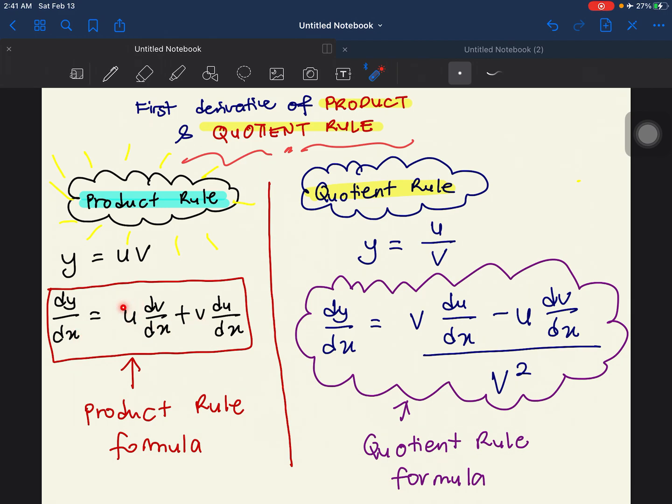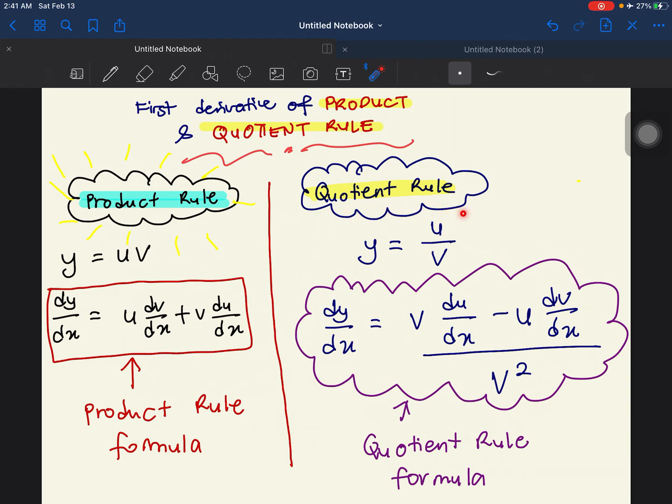The dx is with respect to x, meaning that in u there will be x, in v it will be x as well. Okay, so this is the formula, so you might want to jot it down. dy over dx is equals to u dv over dx plus v du over dx. So this is what we call the product rule.